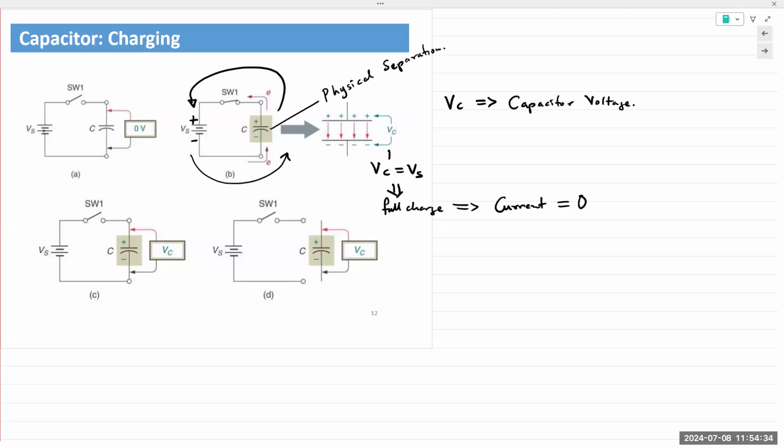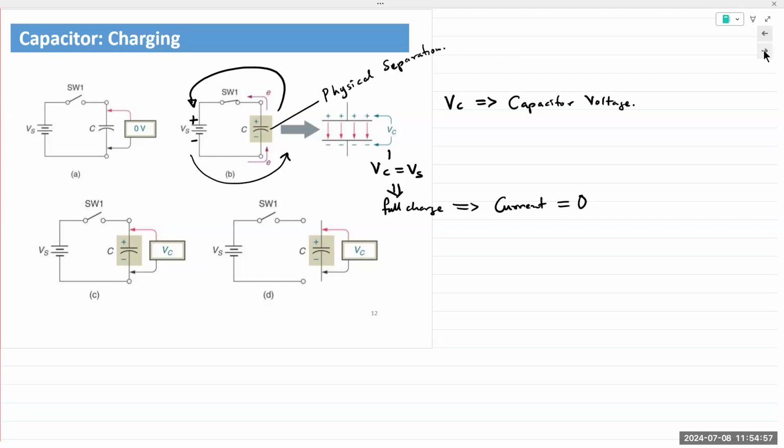So again, a capacitor is two parallel plates separated by an insulating material. When you connect it to a DC source like a battery, then charge builds up due to the flow of electrons. Once it reaches full charge, there is no more charge imbalance. Voltage across the capacitor equals the supply voltage Vs. And once that happens, we say the capacitor has fully charged.